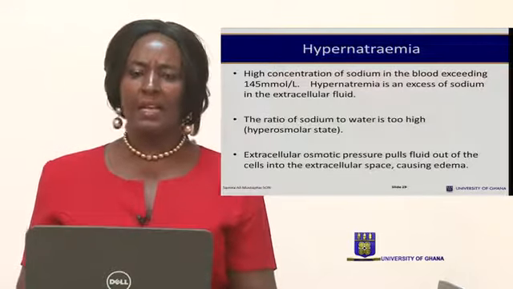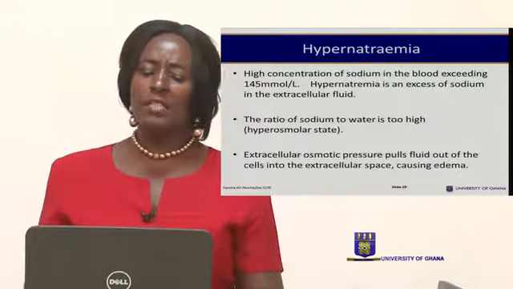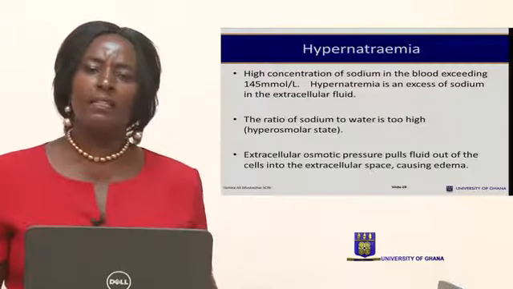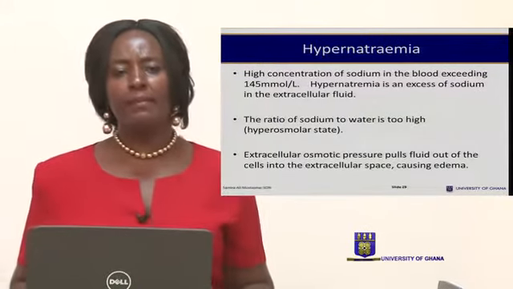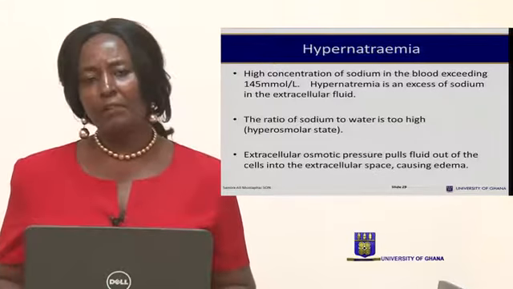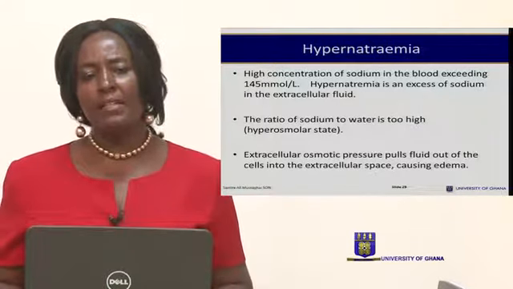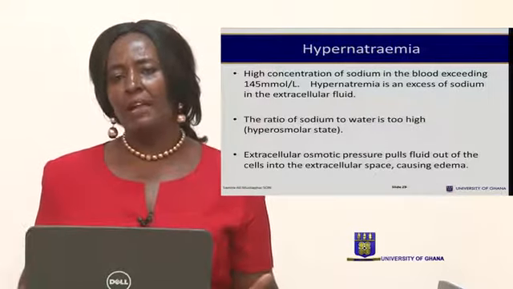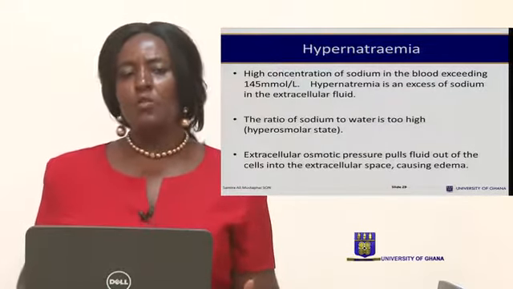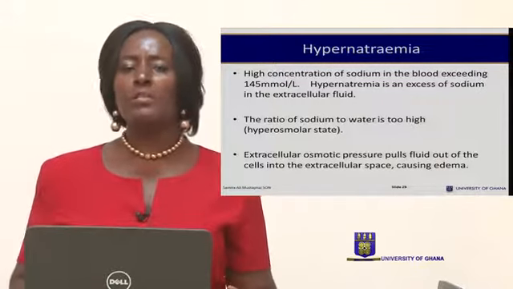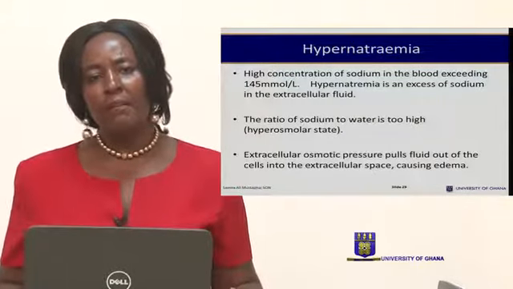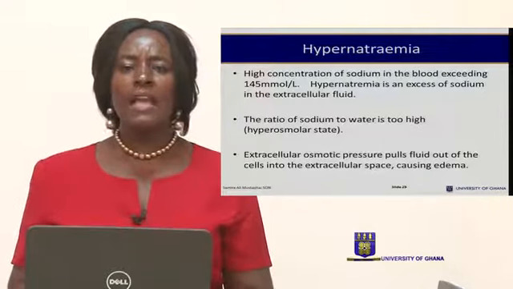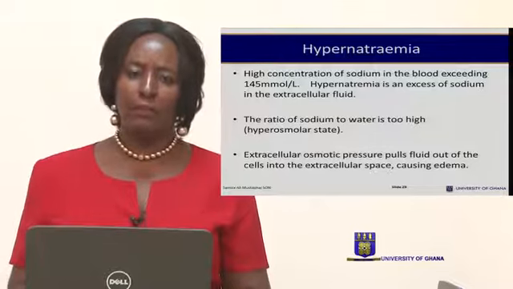Hypernatremia, on the other side, is when the concentration is above 145. So you see that the normal range is between 135 and 145. We said earlier that when the level goes below the lower margin of 135, there is hyponatremia. So in the same vein, when it goes above 145 millimole per liter, then there is hypernatremia, which is excess sodium in extracellular fluid.